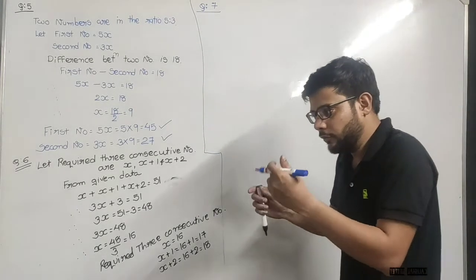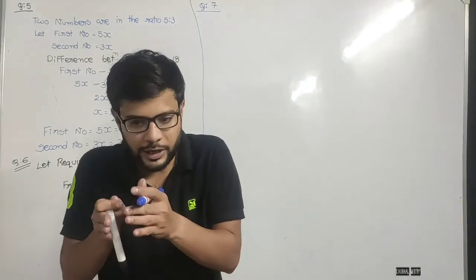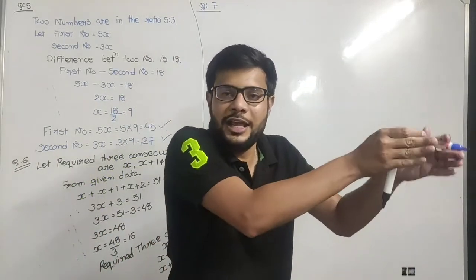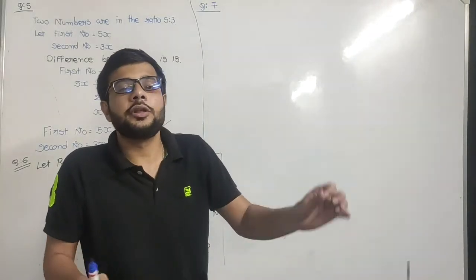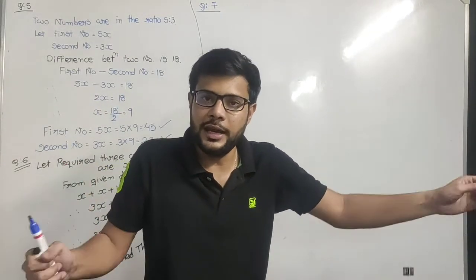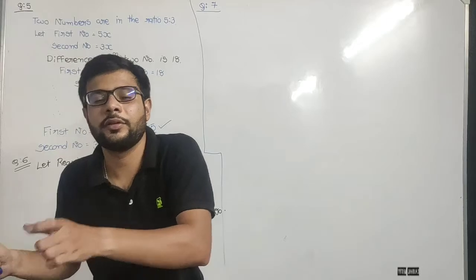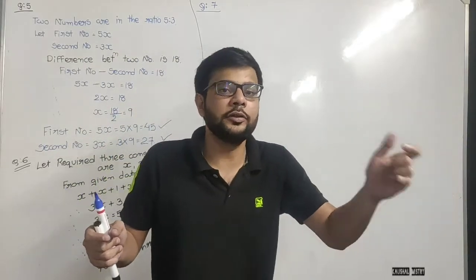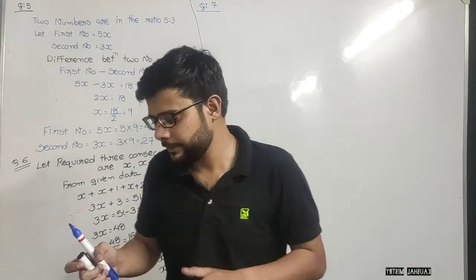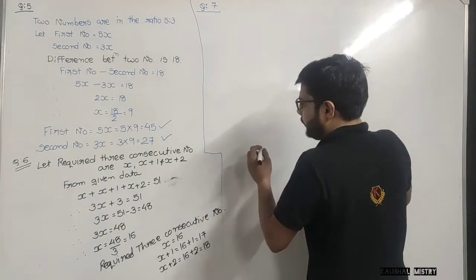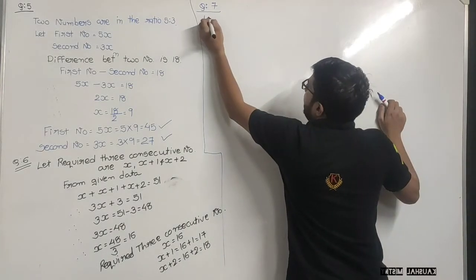If it is a multiple of 5, we assume x, x plus 5 and x plus 10. Here it is 3 consecutive multiples of 8, so that will be x, x plus 8 and x plus 16, right?